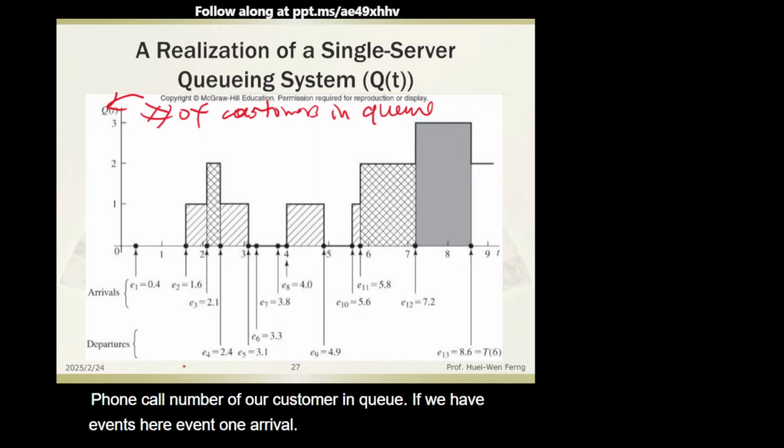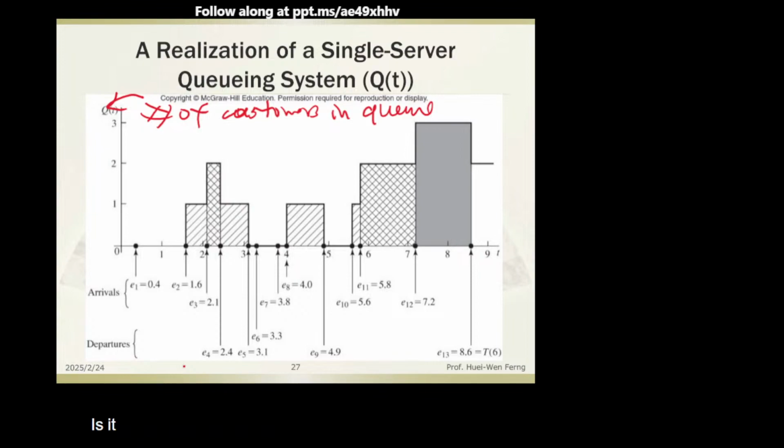Is that okay? Arrival, but why is the queue size 0? First one arrives, but why is the number of customers in queue 0? Because this customer enters the server immediately. So we still have a 0 queue size. Is that okay?